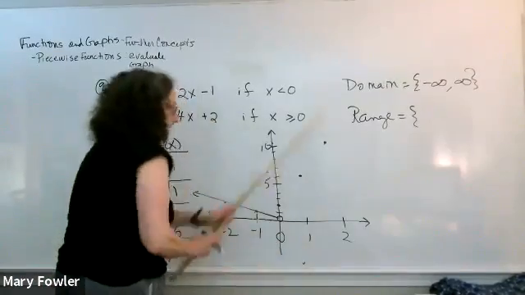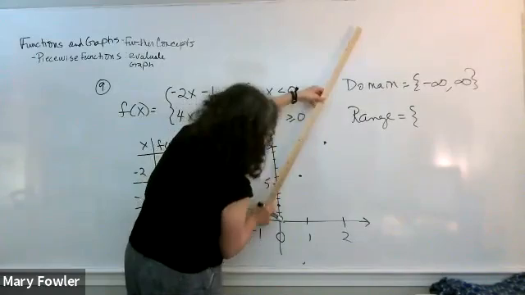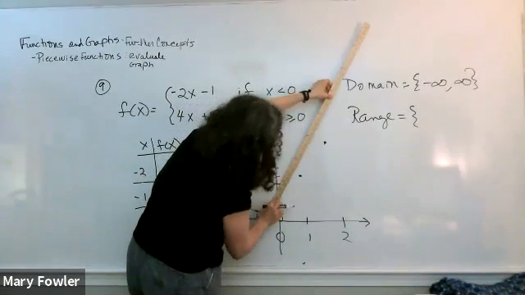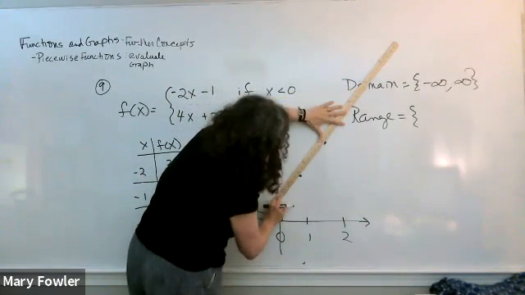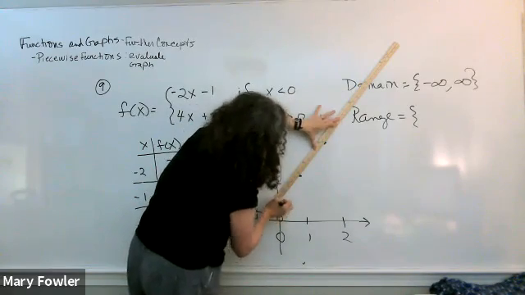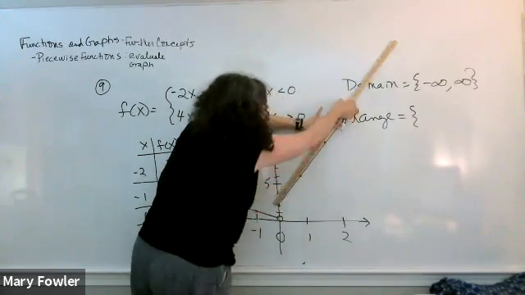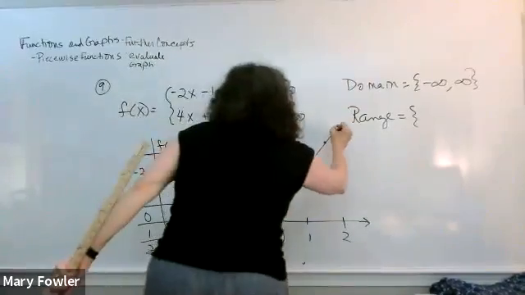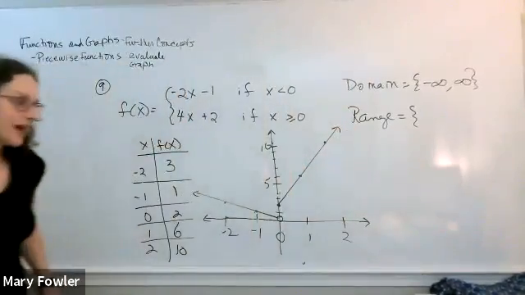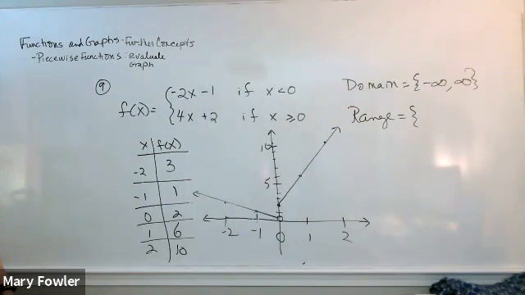It's the other line that kicks in and takes control at x equals 0. And it looks like this. Okay, you guys, this is the graph of the piecewise function.